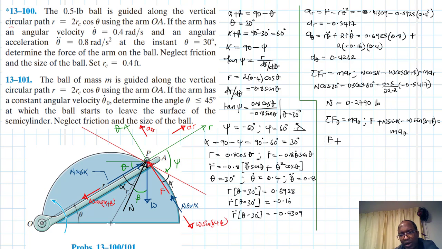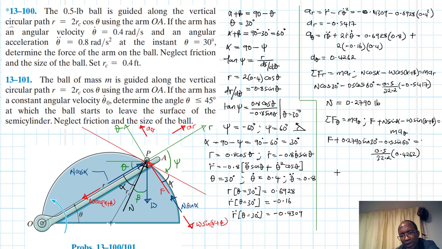And we have F plus our N, which is 0.2790 sin 30, minus the weight, 0.5 sin 60, equal to 0.5 divided by 32.2 by a theta, which is 0.4262.